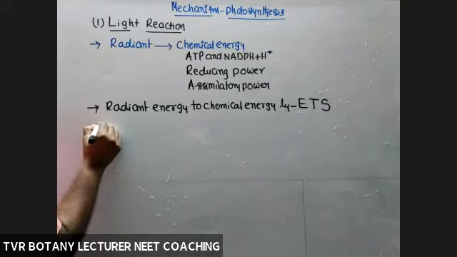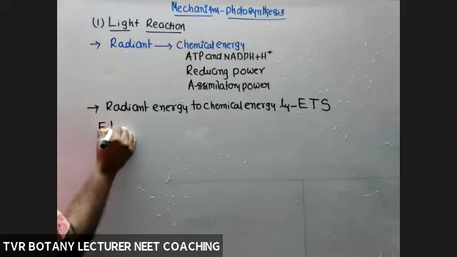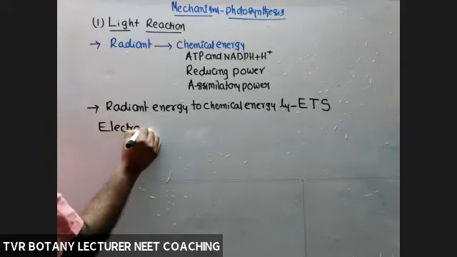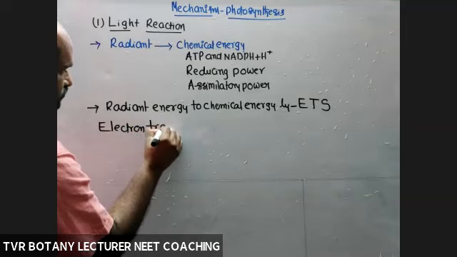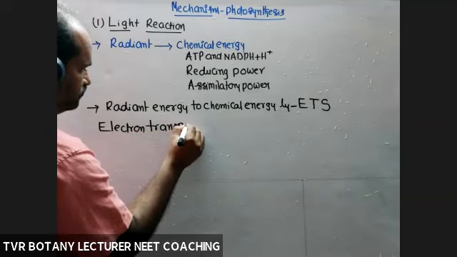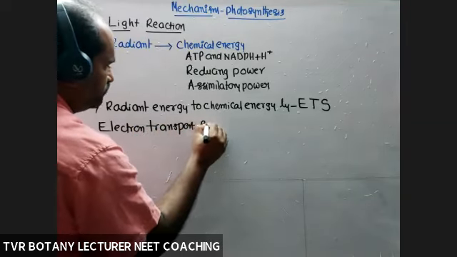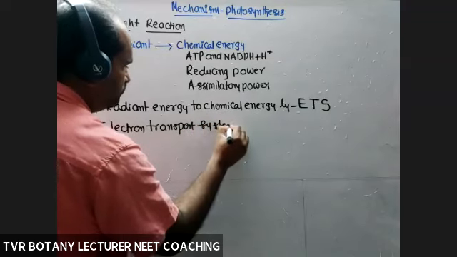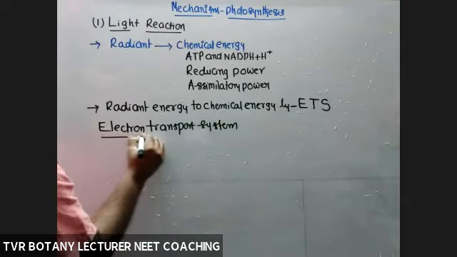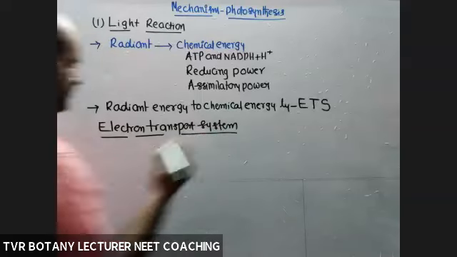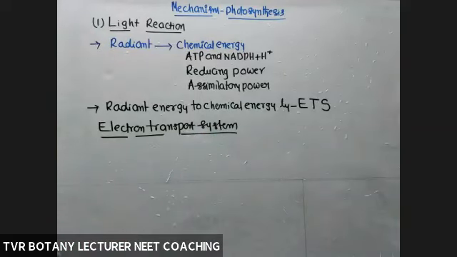What about the electron transport system and how many kinds are there? The electron transport system takes place by two methods.